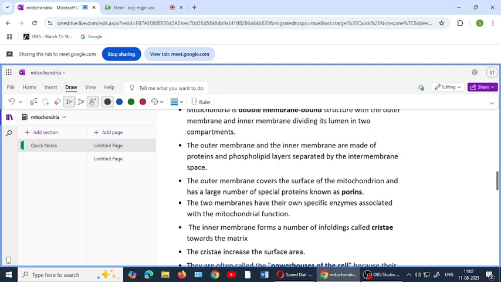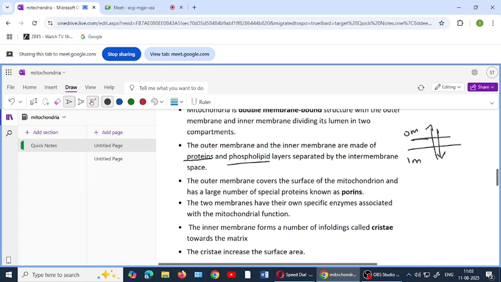And the outer membrane and inner membrane are made of what? Proteins. Just remember this, every cellular membrane is made of proteins and phospholipids. Because through the membranes, whether outer or inner, ion transport channels are present.